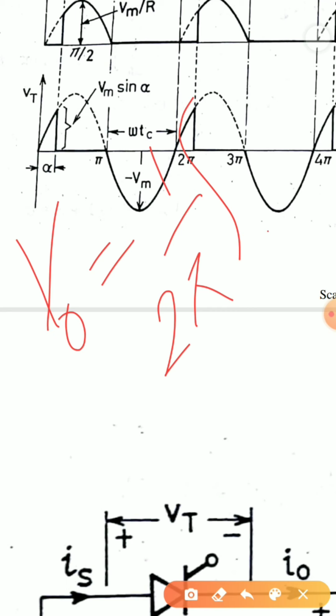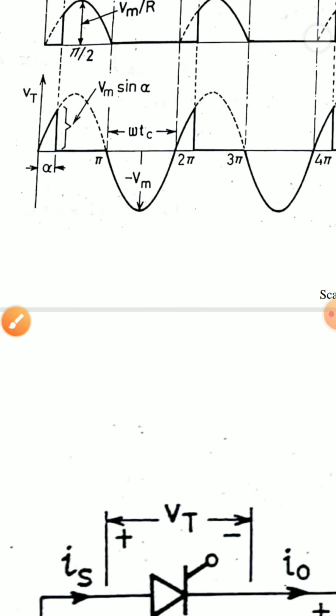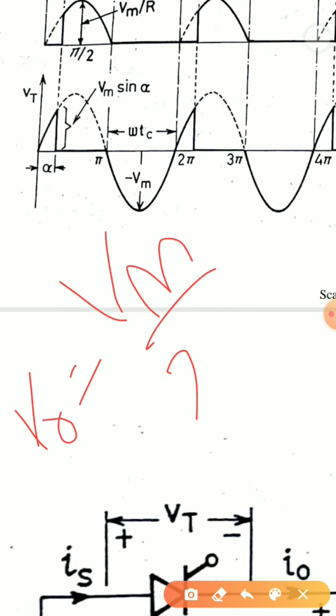I am finding the average, therefore 1 by 2 pi, the limit is alpha to pi, of Vs d omega t. Vs is nothing but Vm sin omega t. When I integrate this, I get V0 equal to Vm by 2 pi into 1 plus cos alpha.